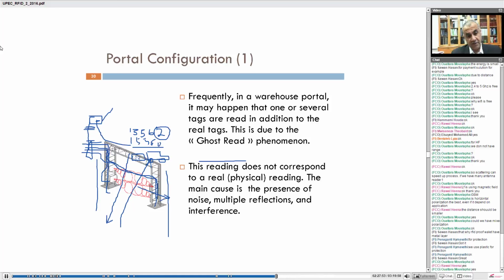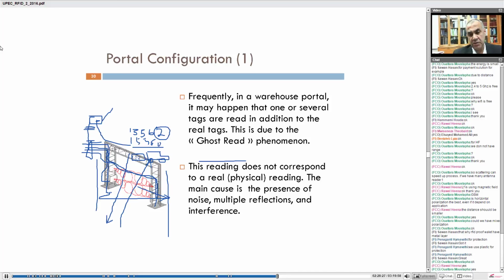Because you have missed information because of the presence of noise, multiple reflection. There is a reflection, there is a wall here, you are not watching well what the envelope is. So you have, for example, this request for reading striking the wall, and then it returned to this antenna, and this antenna, maybe it's not the tag, but it's only a reflection.